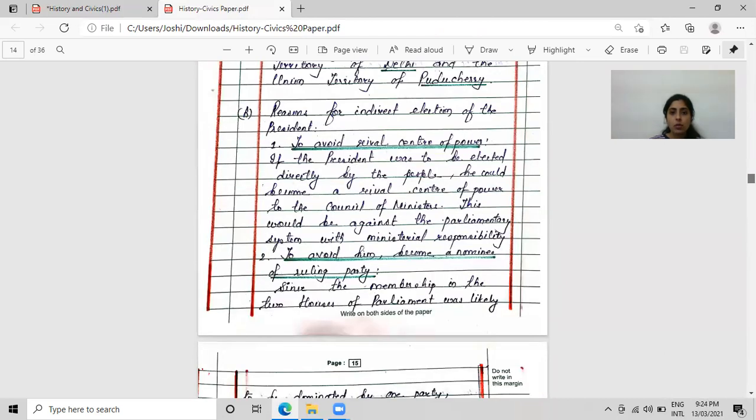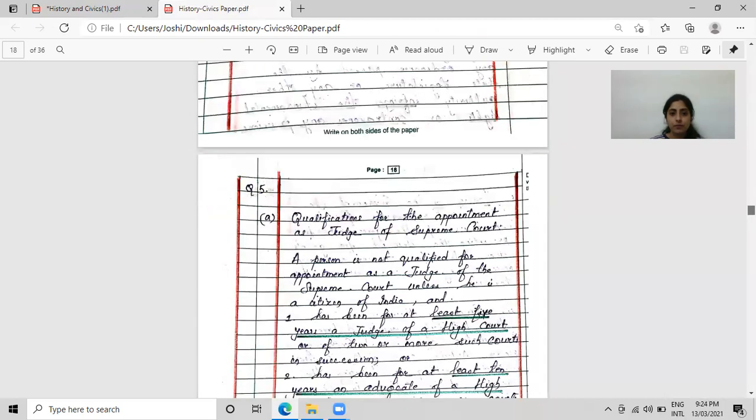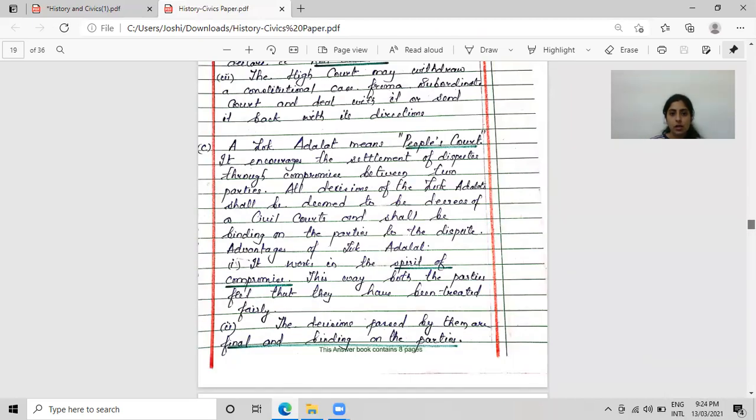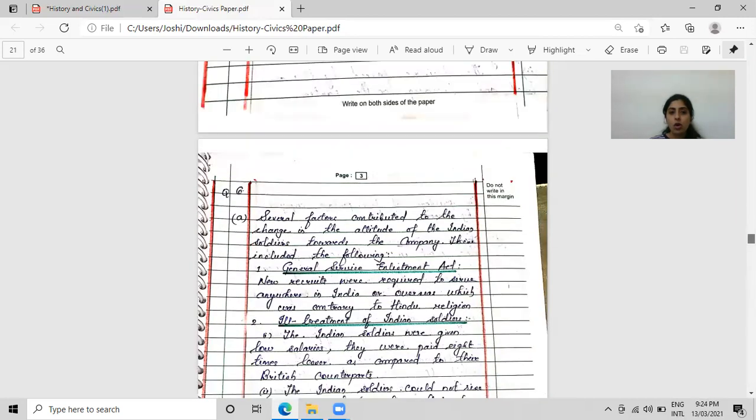You can also see one of the history long answers. So this is the long answer of history. Question number 6. The several factors that contributed to the change in the attitude of the Indian soldiers towards the company. So here they have asked about the ill treatment, or you can say the military causes of the first war of independence.